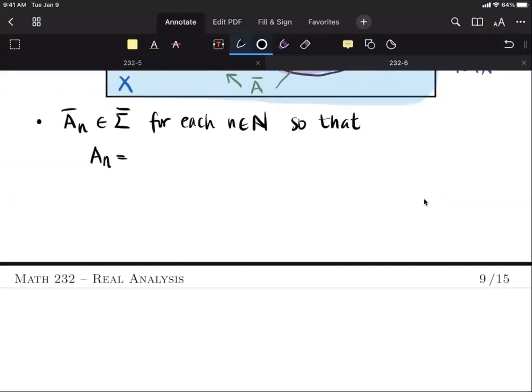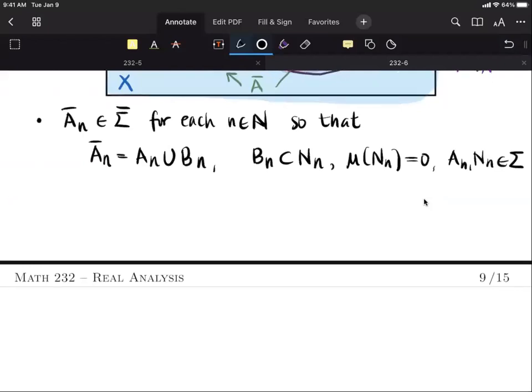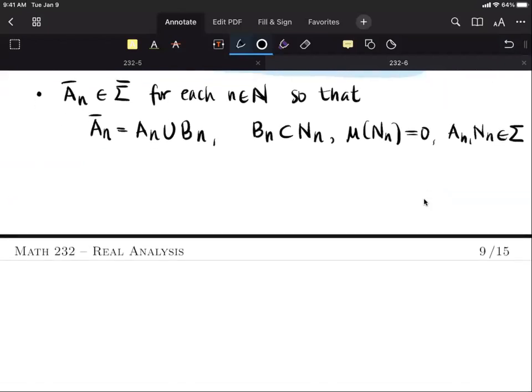The same as before, A n bar is A n union B n, where A n is in, let's start with B n. B n is a subset of N sub n. Mu of N sub n is 0. A sub n and N sub n are in sigma. So this is basically your definition of a sigma bar.